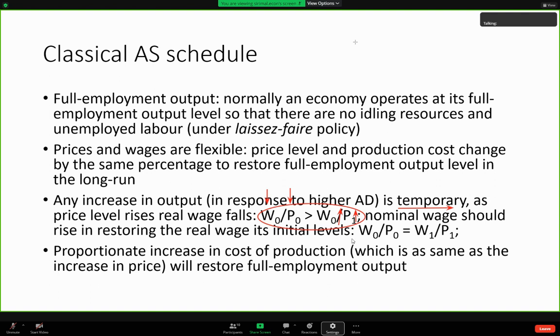So after the increase in nominal wages, in order to offset price increases, it is now equal to the initial real wage level.